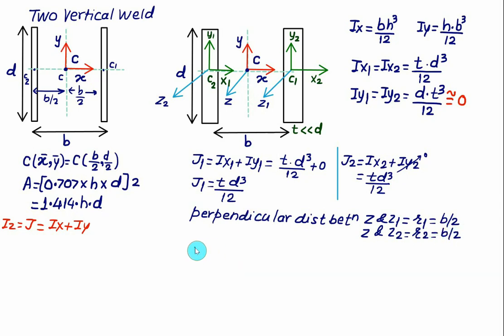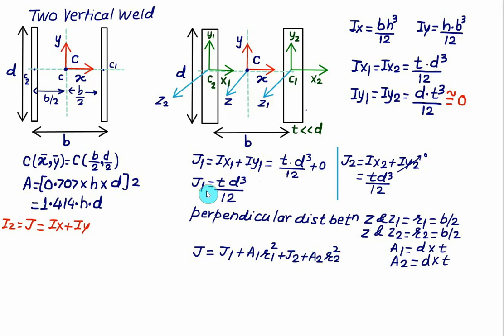If I apply the parallel axis theorem, then the total polar moment of inertia will be J1 plus area A1 multiplied by R1 square, plus J2 plus A2 into R2 square.